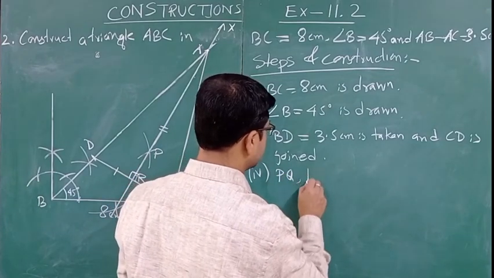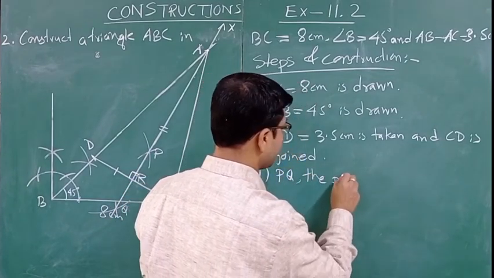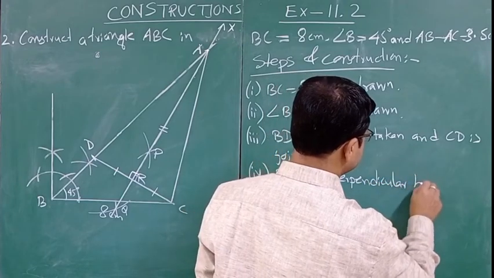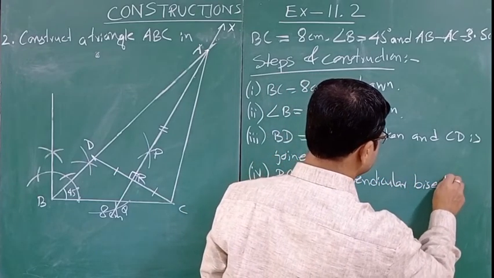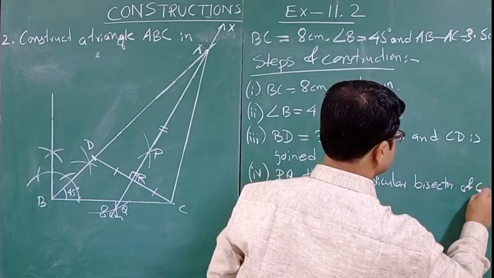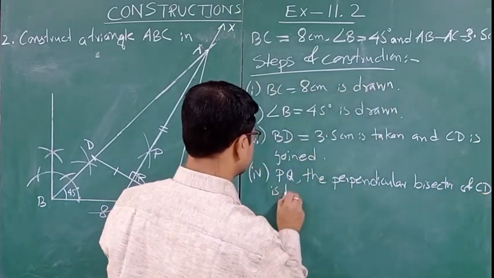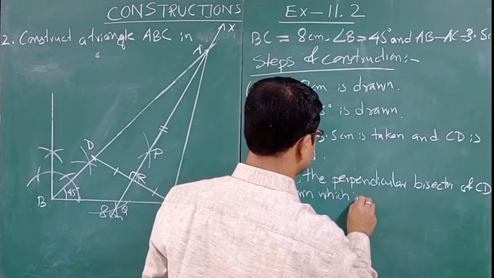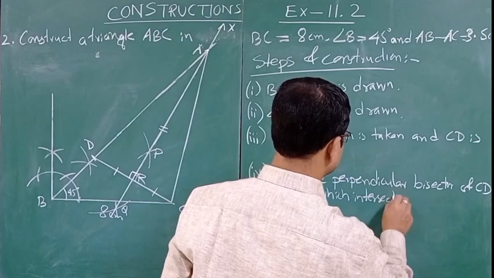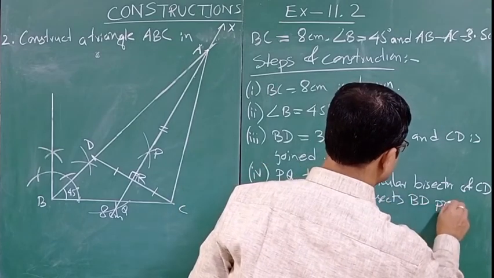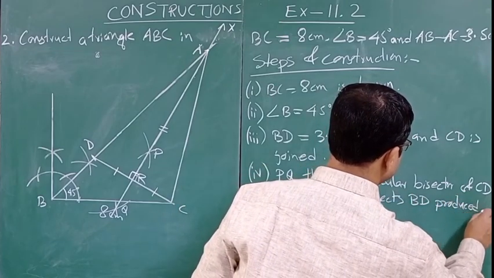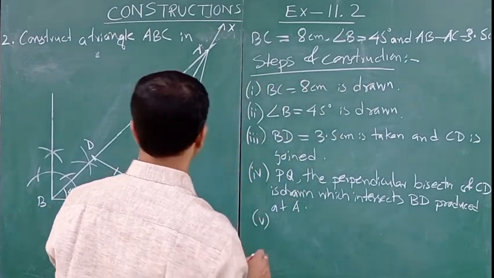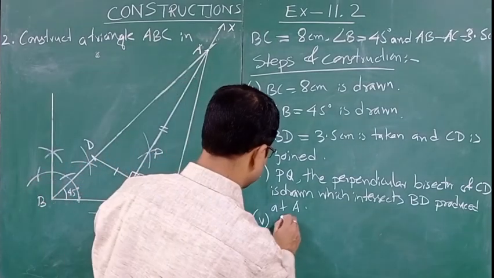PQ, the perpendicular bisector of CD, is drawn, which intersects BX at A. Number 5: then AC is joined.